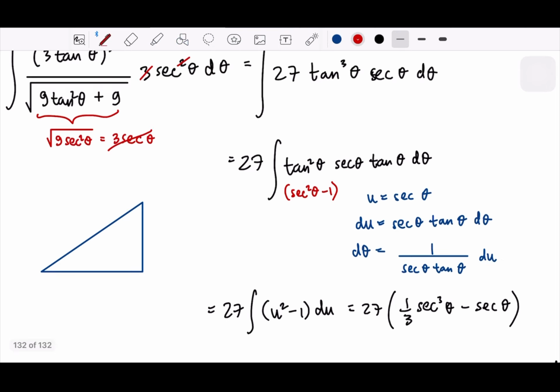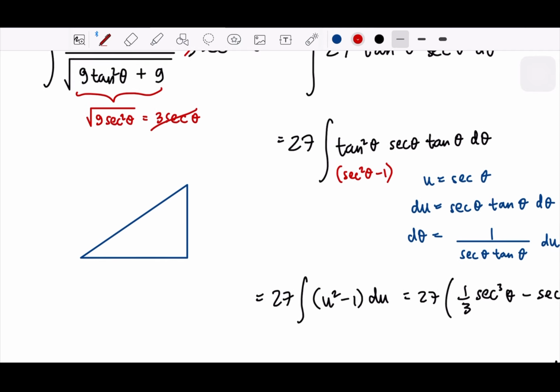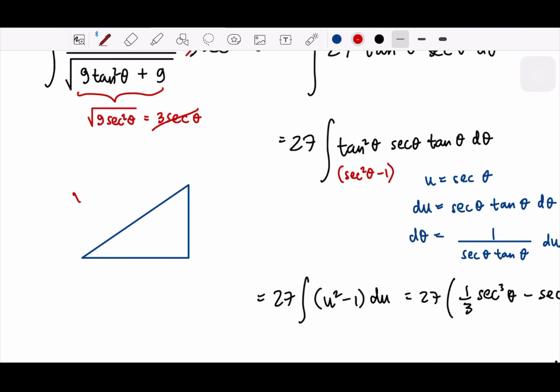So we have x is 3 tangent theta, right? So we have tangent theta is x over 3. So this is x, this is theta, x over 3, like that. And all the way here, the hypotenuse is square root of x squared plus 9.